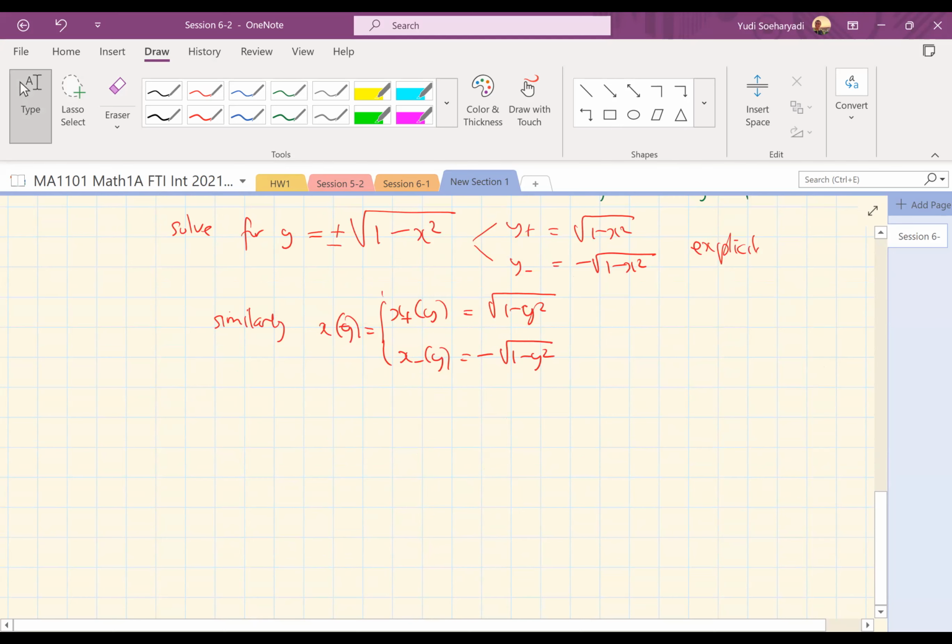So if you have explicit expressions, they can be transformed into implicit. That's easy.